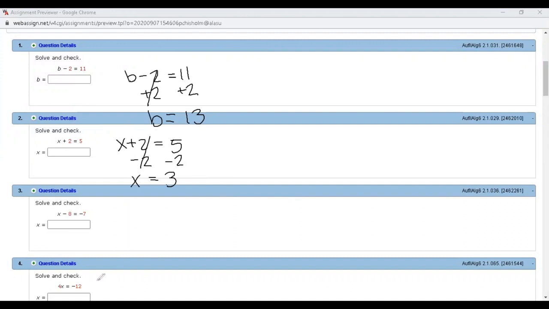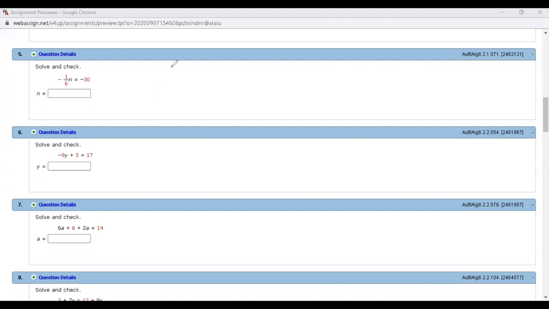For number 4, we have 4x equals negative 12. So we divide by 4 on both sides. So x equals negative 3. Okay, so that is how you work those problems from objective 5.